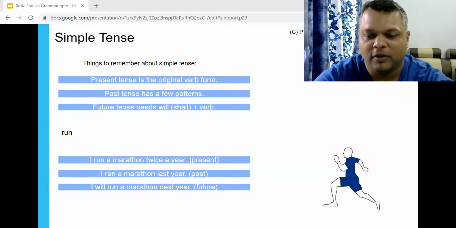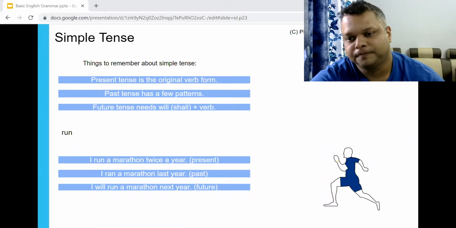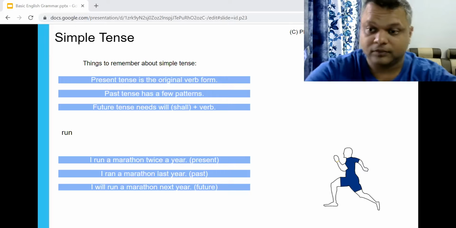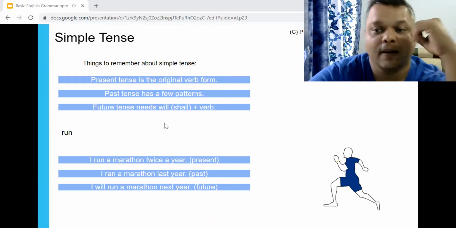Okay. What about the rest of the students? Anybody, any doubts on this particular sentence?